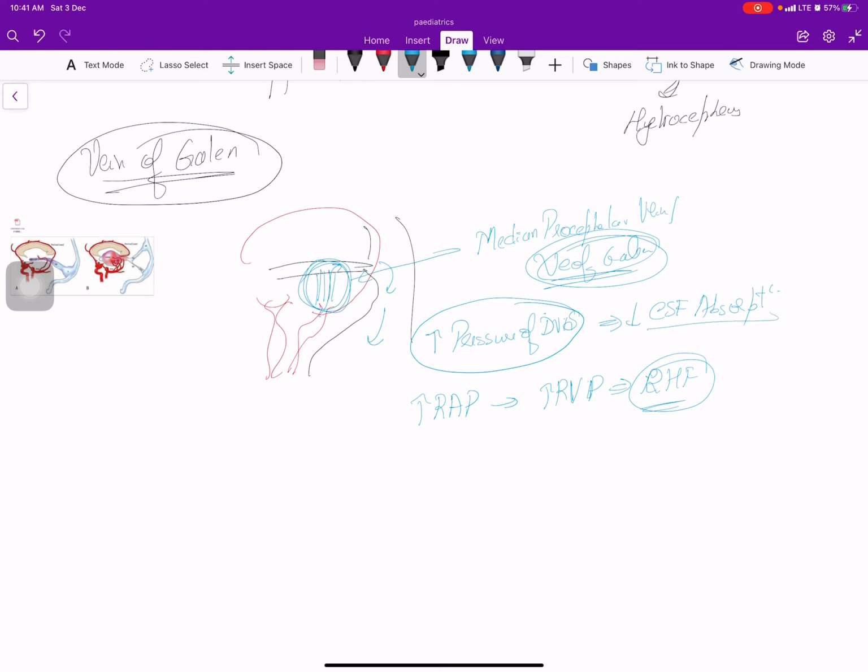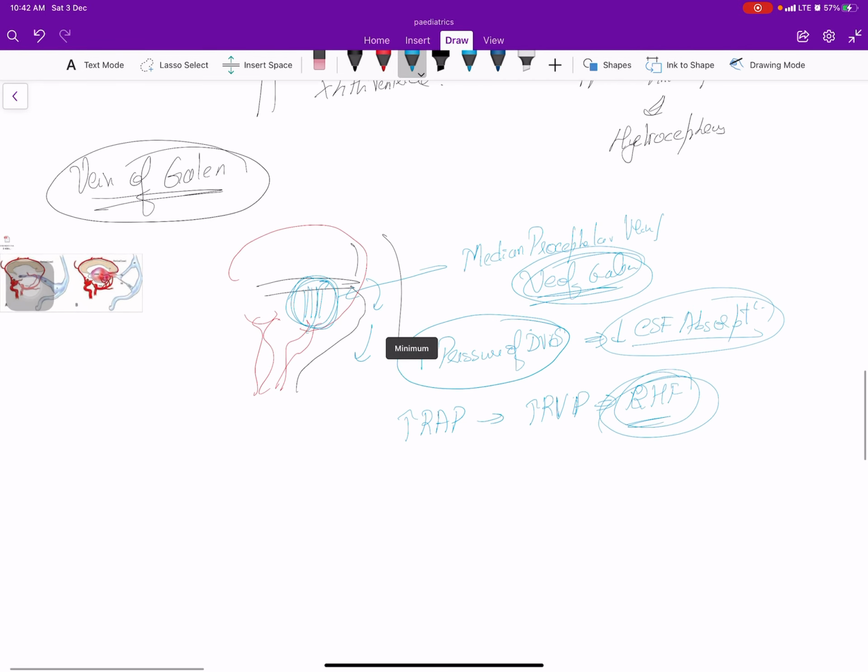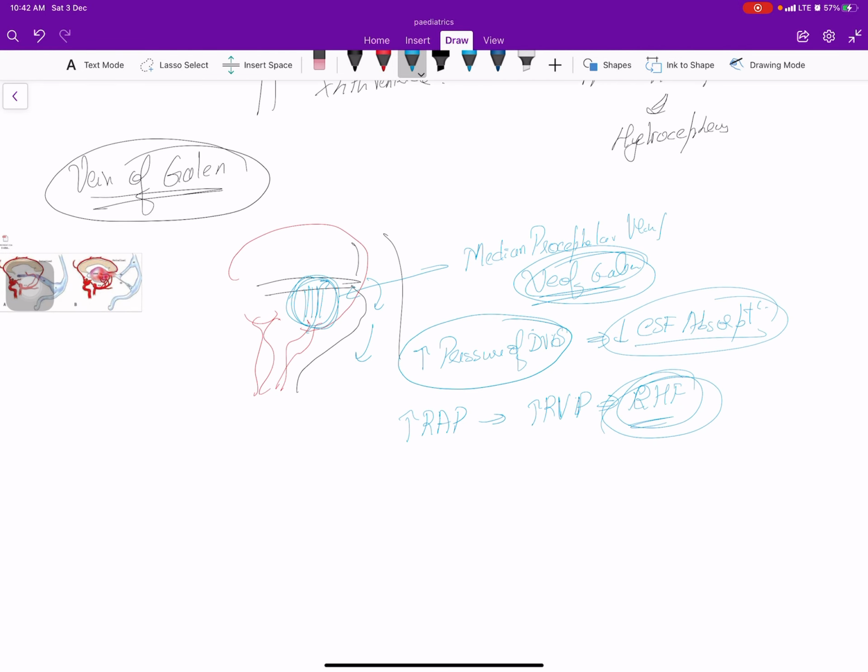So this causes hydrocephalus as well as right heart failure, vein of Galen. So we covered obstructive or non-communicating type of hydrocephalus.